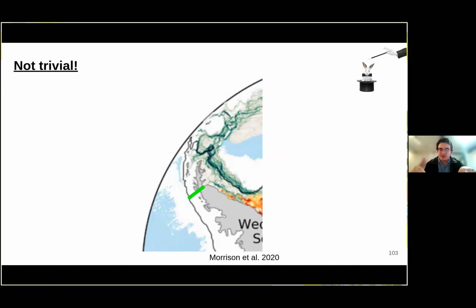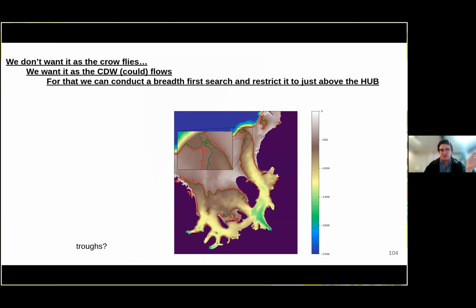So here's the West Antarctic Peninsula, and the closest point on the 1500 meter isobath is on the other side of the peninsula, which obviously isn't where we think these CDW inflows, if they exist, would be coming from. So that's not what we want. What we want isn't the closest as the crow flies, but more like the closest as the CDW could flow.